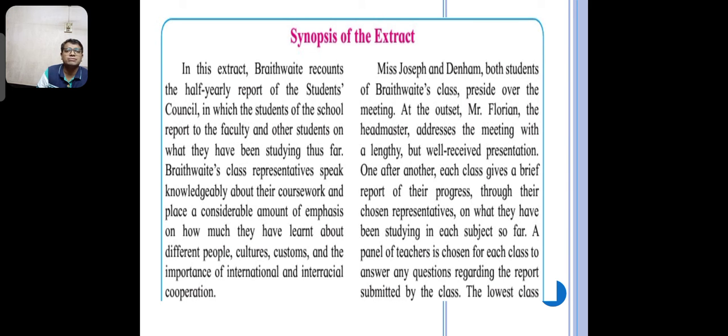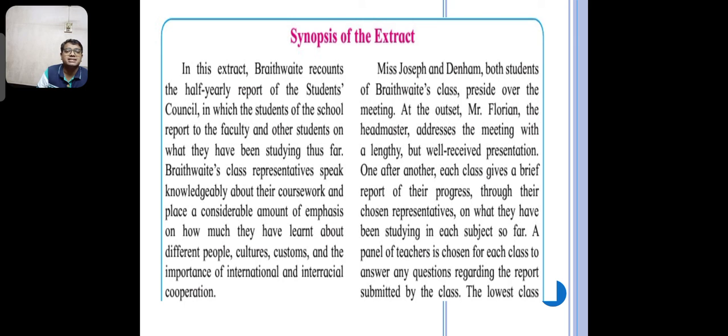How the student council is going on, how it works, what kind of things should take place, how the headmaster gives his keynote address, then how different class representatives completed their tasks, because they were given different tasks.